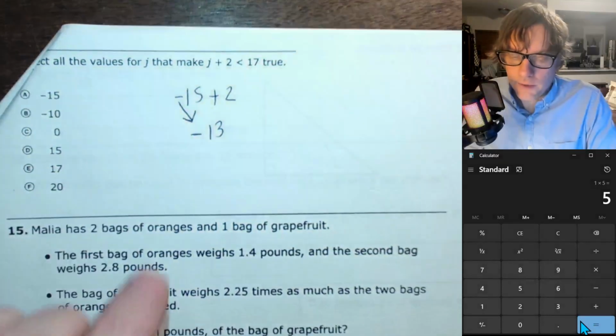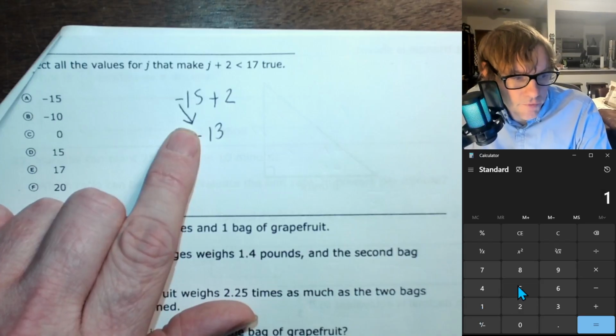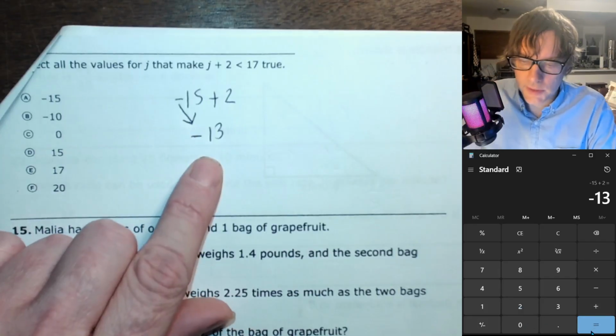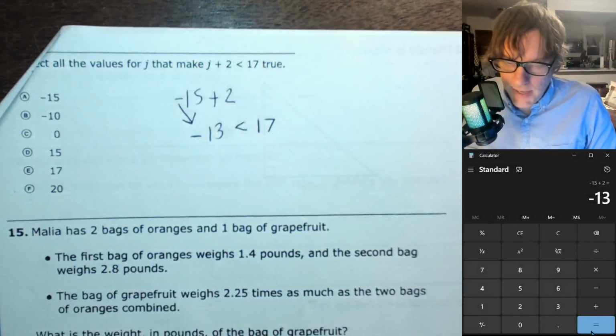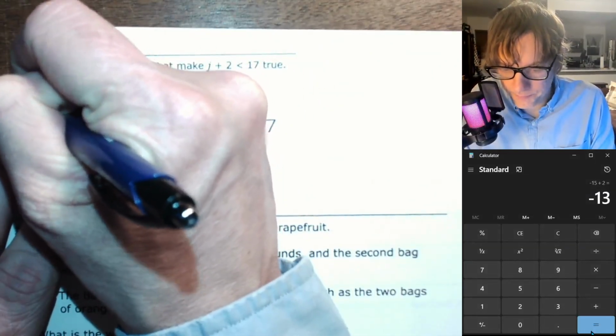If that confuses you, type it in your calculator. Negative 15 plus 2 equals negative 13. Is that less than 17? Yes, so this one is true, and we bubble A.